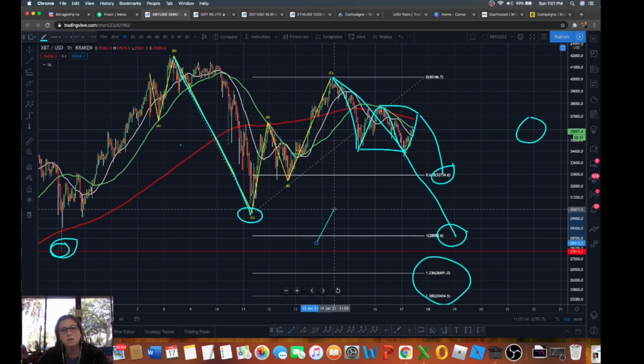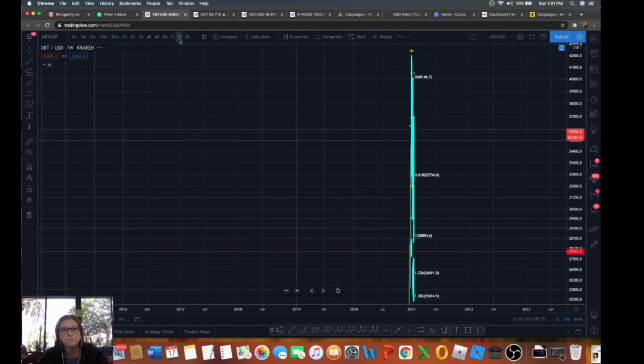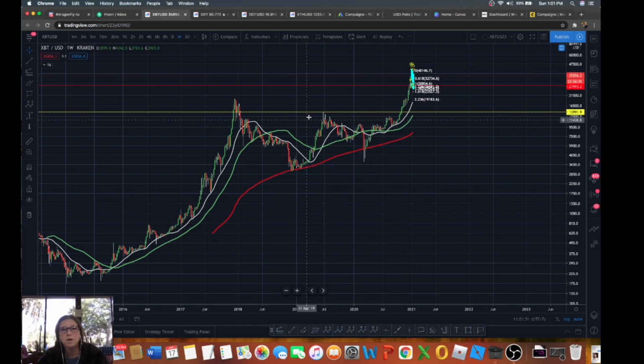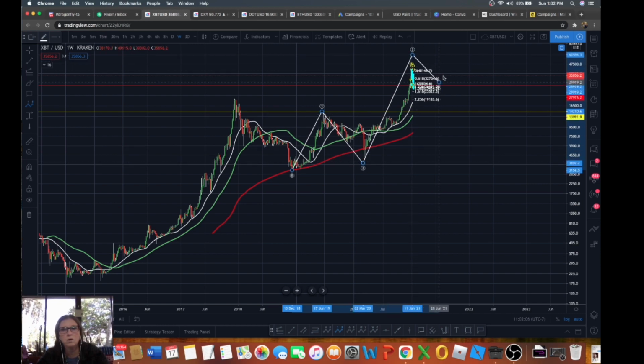The only thing that we really 100% need to protect is this wave 1. Because we are assuming that this is wave 1, wave 2, we're in wave 3, 4, and 5 on up there.